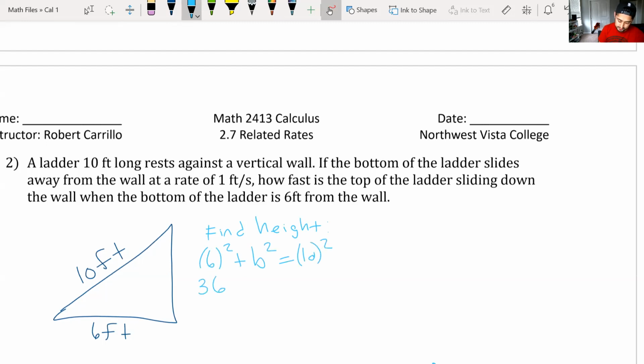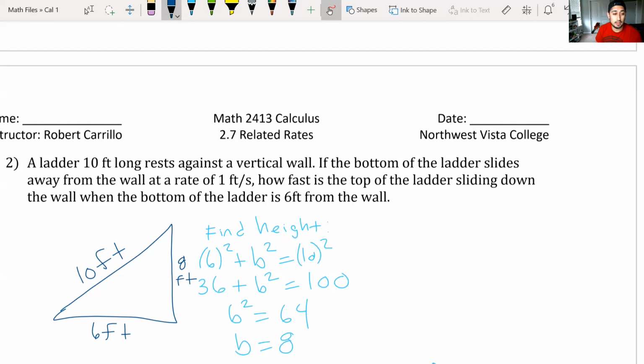So 36 plus b squared equals 100. Then b squared equals 64, and b would be 8. So there's the height of the wall, right? Find height. So this would be 8 feet. Okay, so now we found that.